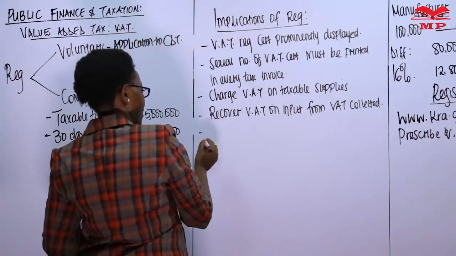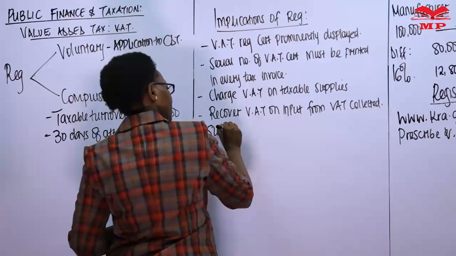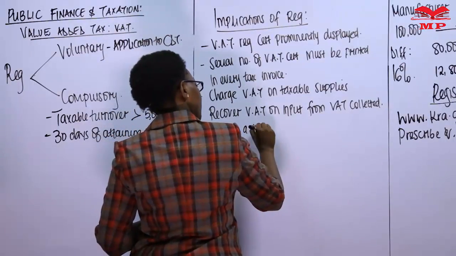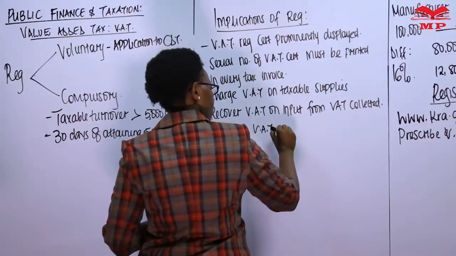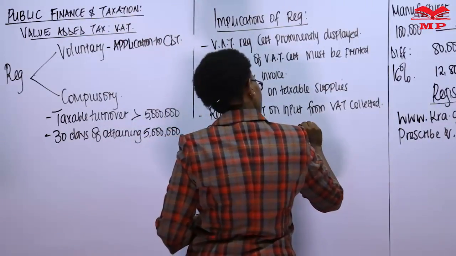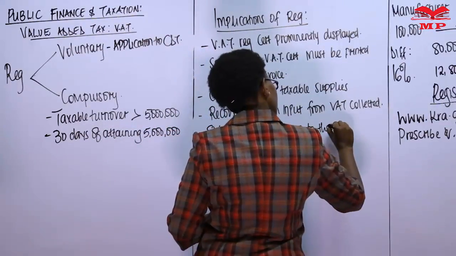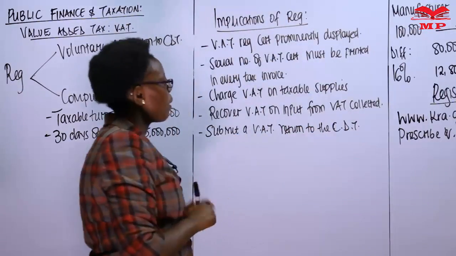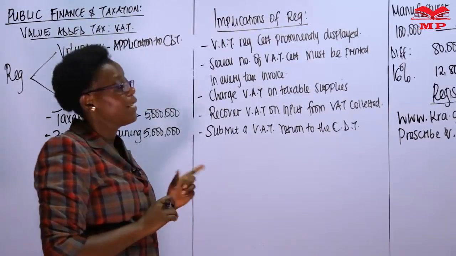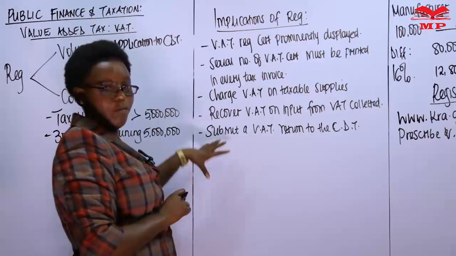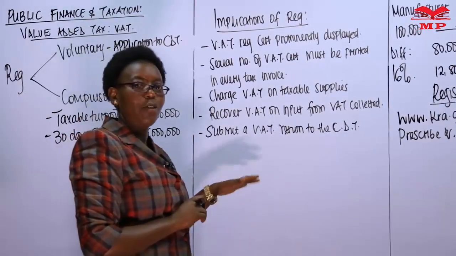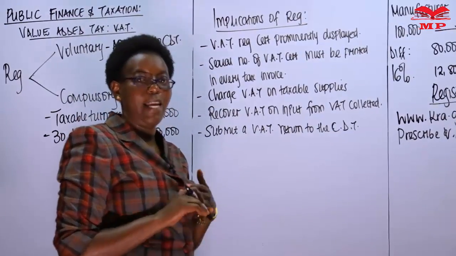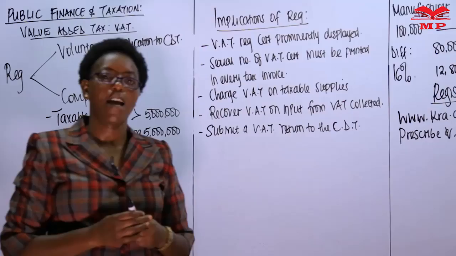Then every month you must submit a VAT return to the commissioner of domestic taxes. Those are the implications. Now, anytime you fail to do any of the following, that is an offense that will attract a penalty and a fine. Now, we're going to read from the Act on what your rights are as a registered person.